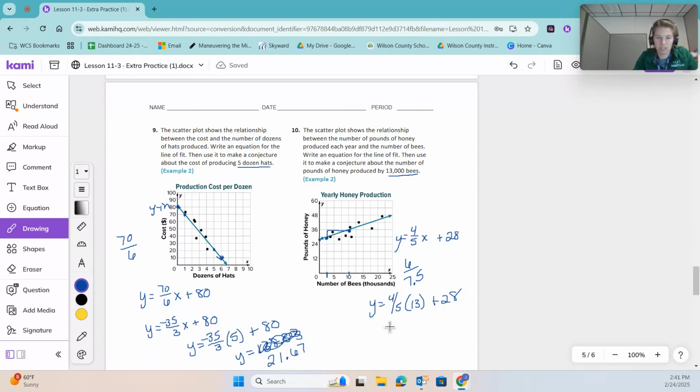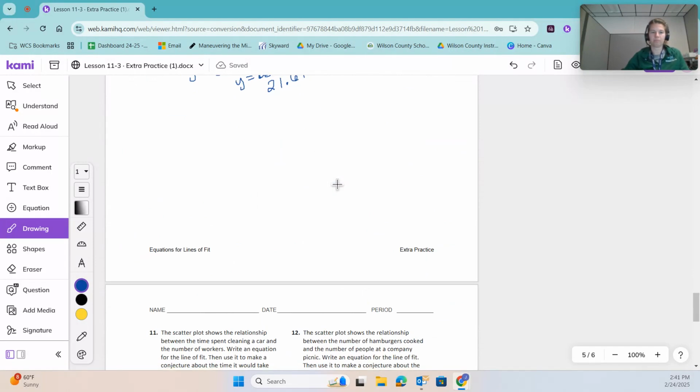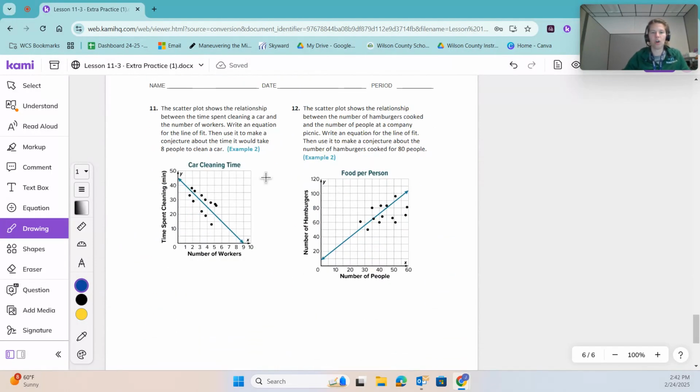This is a positive slope, so y equals 38 and 2/5 pounds of honey. If we take a look at our graph here, 13 would be right about here, and it's right above the 36 mark. So that looks like a pretty good estimate. You can try these two on your own here.